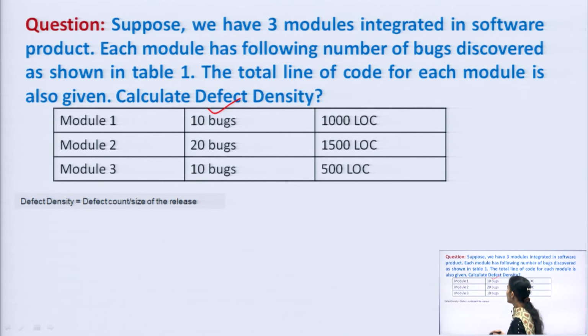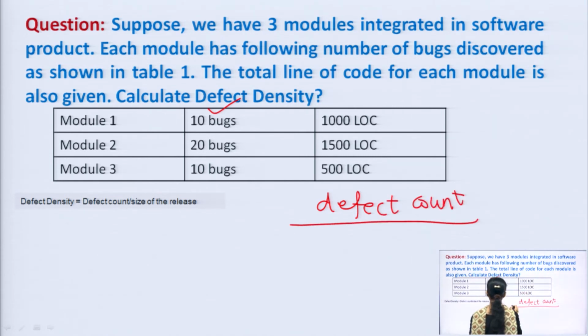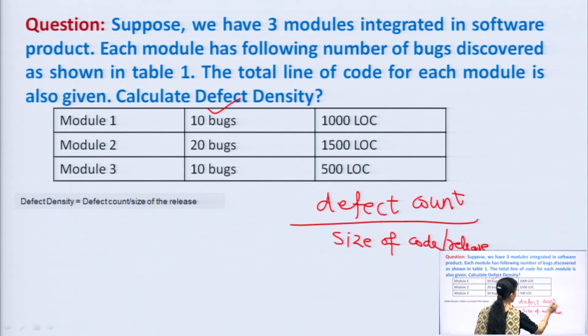As we know, defect density is calculated as the defect count divided by the size of code. So the defect counts for the three modules are given to us as 10 bugs, 20 bugs and 10 bugs, and the lines of code are also given to us.